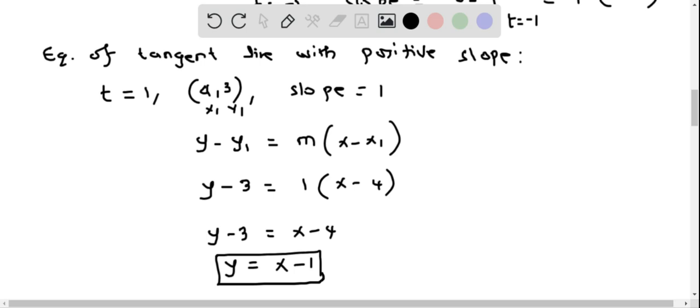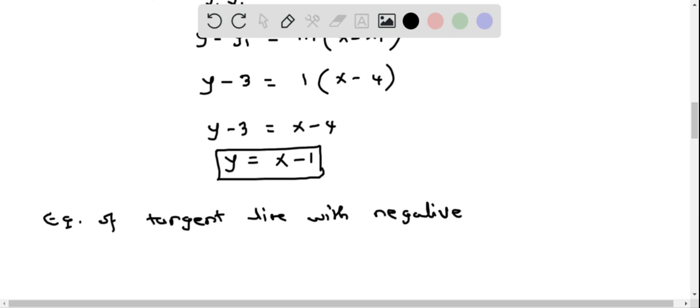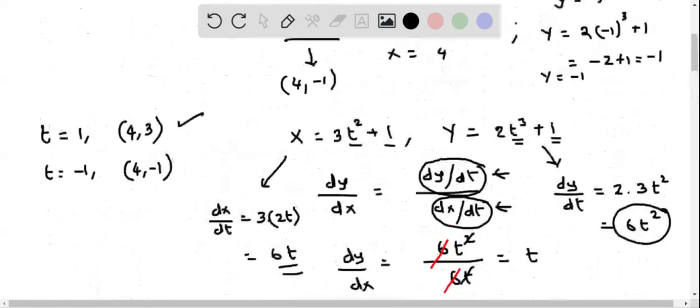Now let's find the equation of the tangent line with a negative slope. Here we should consider t equals -1, the corresponding point, and the slope.